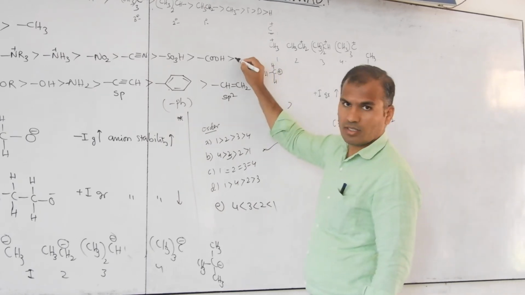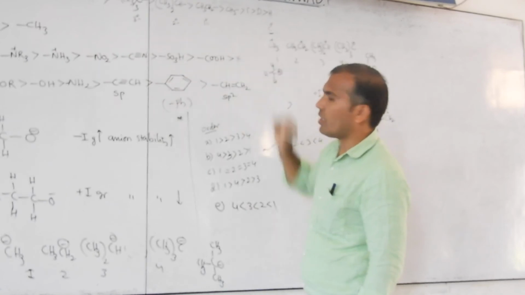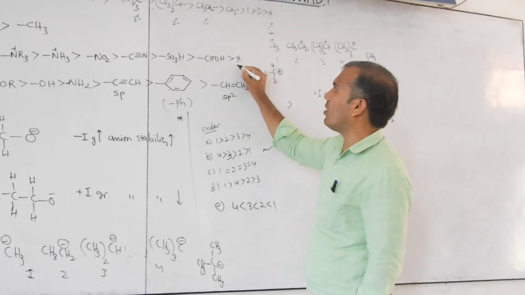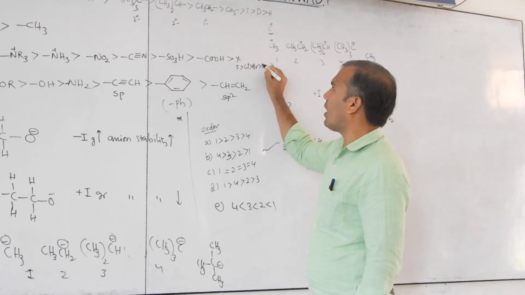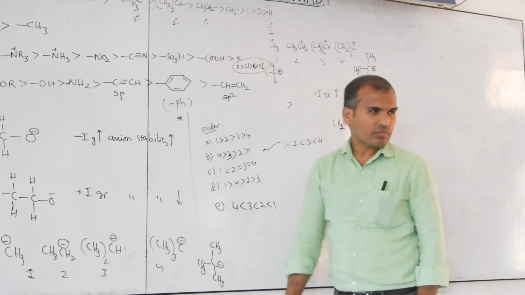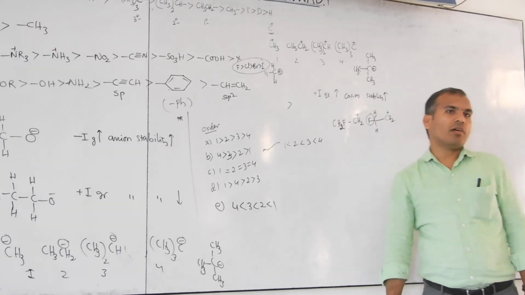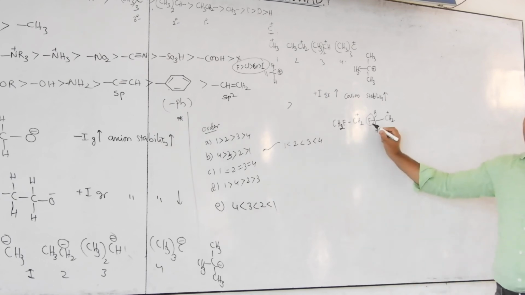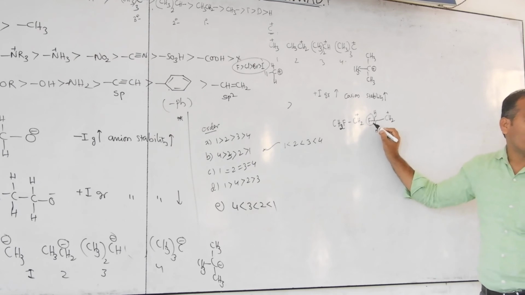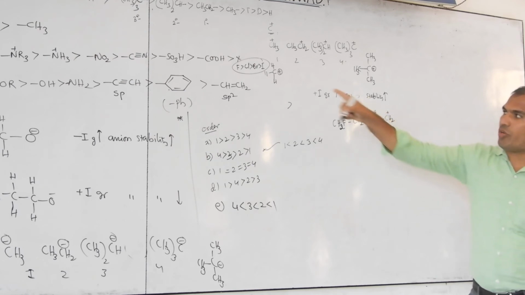After this, halogen, you can write X. X means what here? F, Cl, Br, I. After COH we have to write. Okay, now here fluorine is present or not? Is fluorine an electron withdrawing or donor group? Withdrawing group.